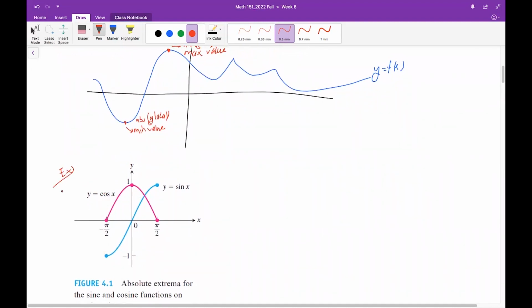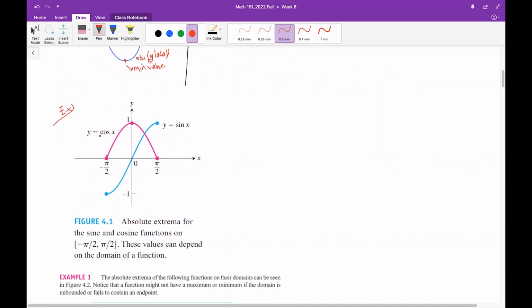Okay, in this figure, we see the functions cosine x and sine x. Let's concentrate on the pink one, which is the cosine x. Over this pink graph, we notice that this value 1, which is attained at the origin, is the biggest value of the cosine function. Over which domain?